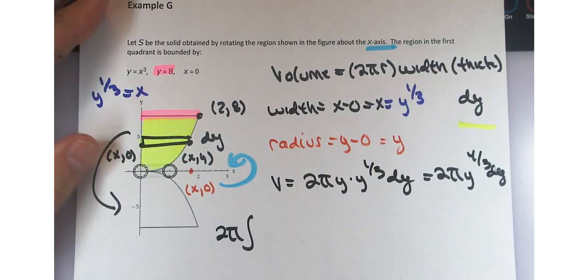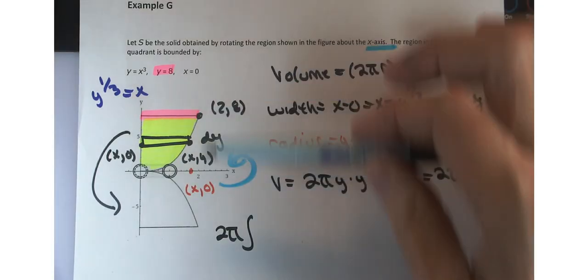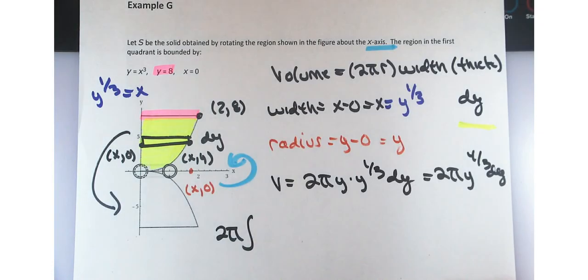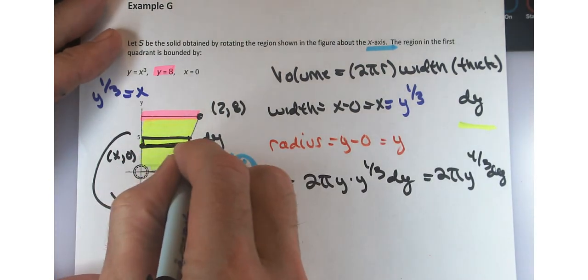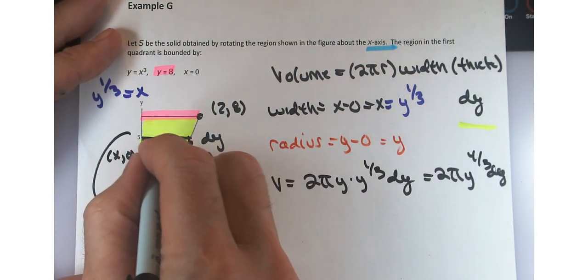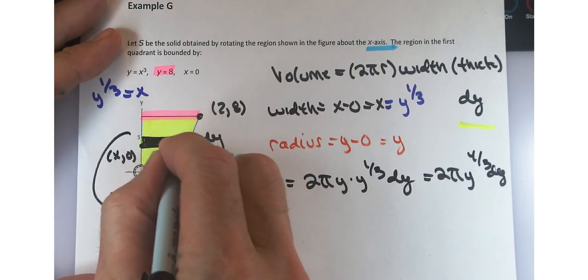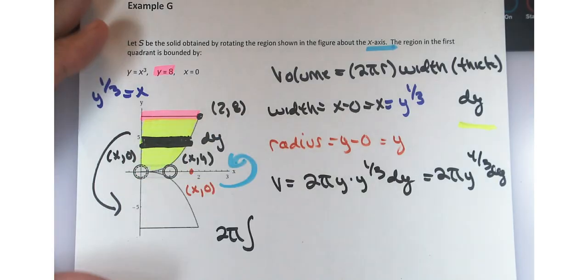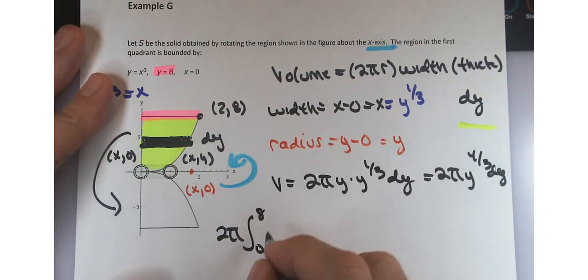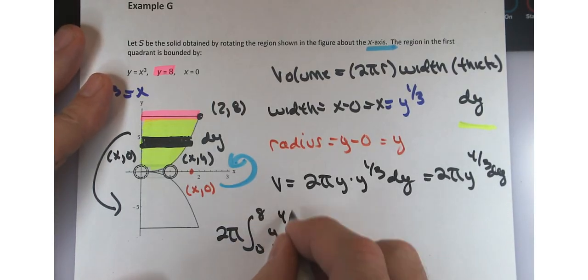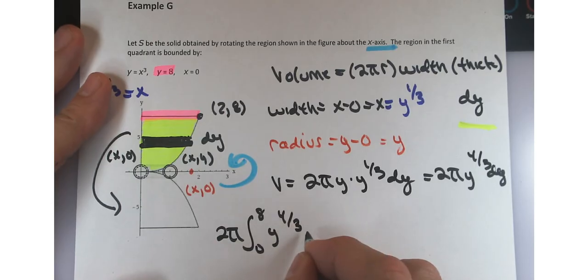But remember, we're taking a slice with respect to y. So you want to look at where this slice could be in terms of the y direction. Where could this slice be taken? What's the smallest value of y it can use? What's the largest? 0 to 8. Thank you. So 0 to 8 of y to the 4/3 dy.